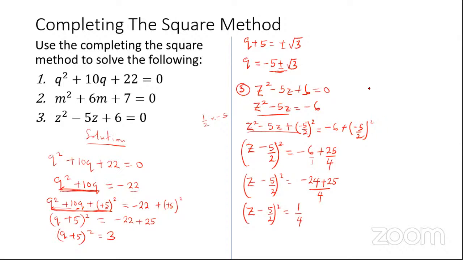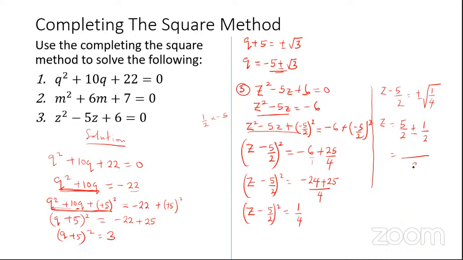When you square root both sides, we have z minus 5 over 2 is equal to plus or minus square root of 1 over 4. So z equals, we take minus 5 over 2 to the other side, plus 5 over 2, plus or minus square root of 1 is 1, square root of 4 is 2.